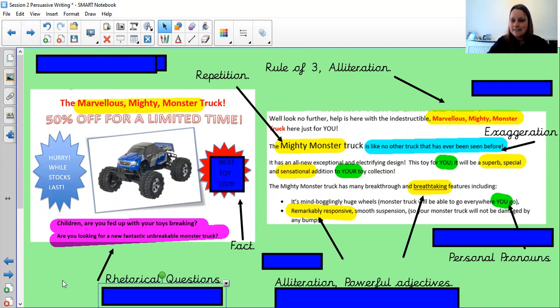Would I like a fantastic monster truck? Yes, I would. So it's really persuasive. It's getting the reader to think and answer those questions in their head. And that's a really good persuasive feature, rhetorical questions. So just on this one advert, there are lots and lots of persuasive techniques, persuasive features that are being used.